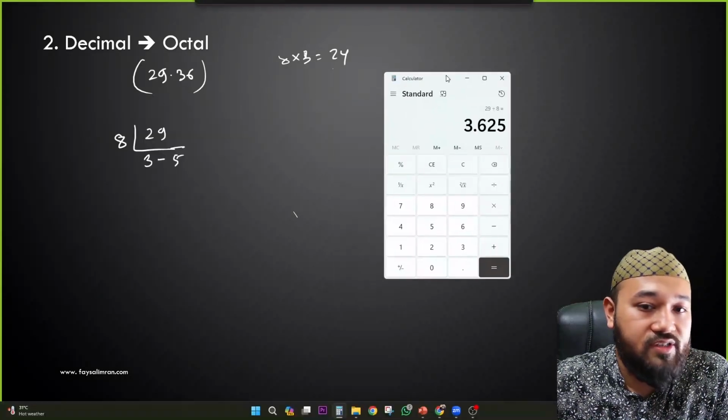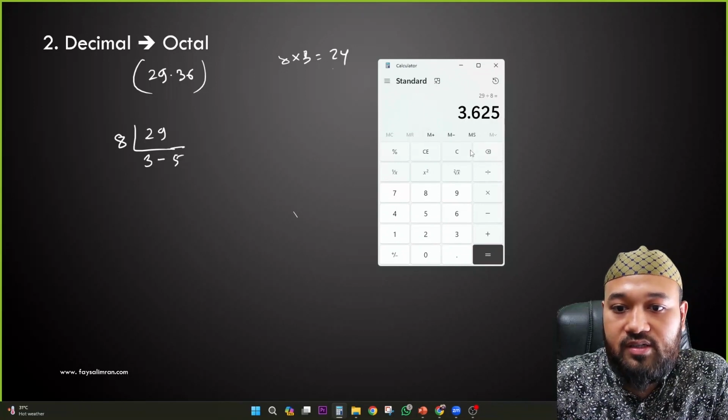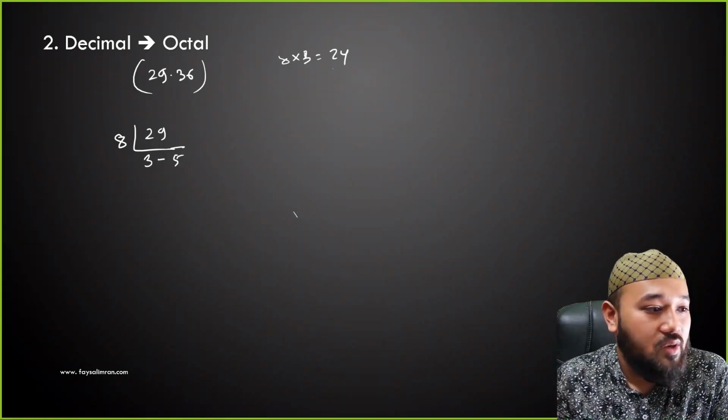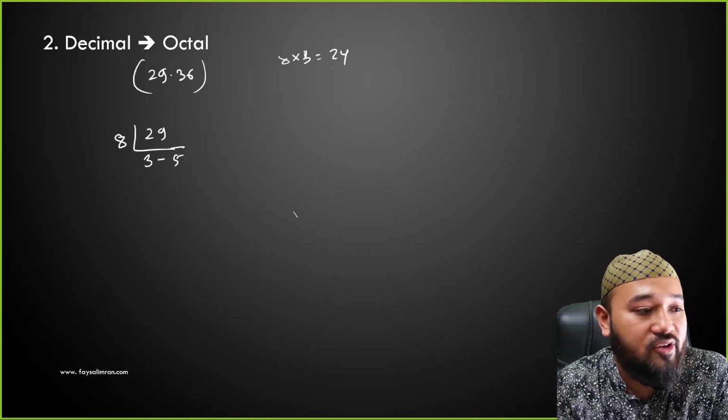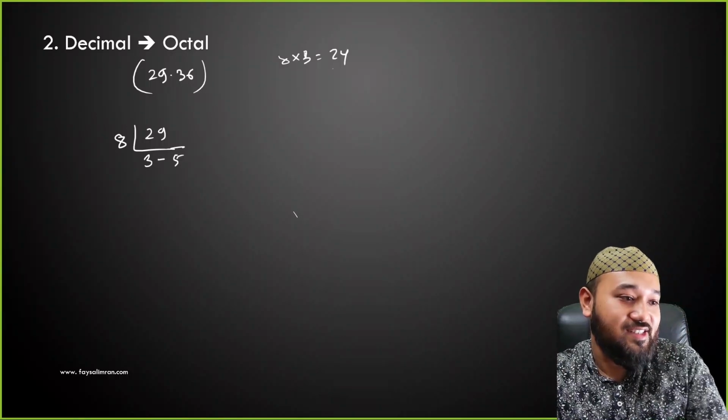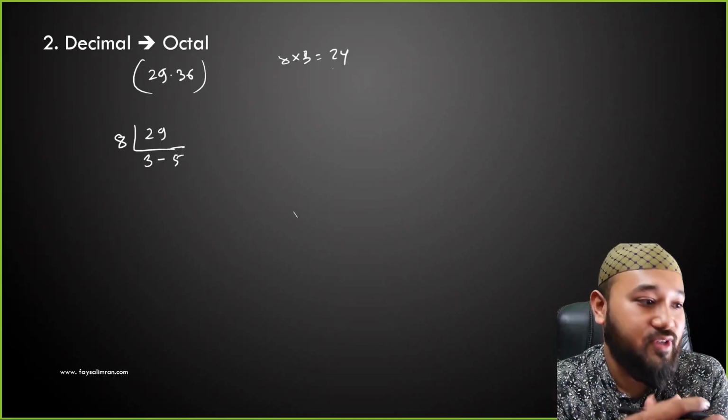If I calculate by calculator, 8 into 3 we get 24, and we subtract from 29. You will get 5. Do you understand? Please keep your microphone unmuted because we have to talk to each other. I need your response.